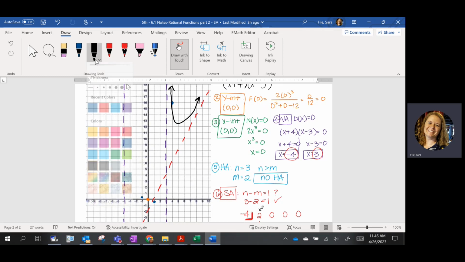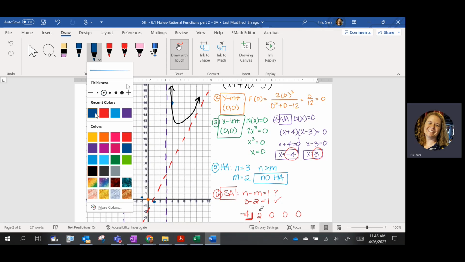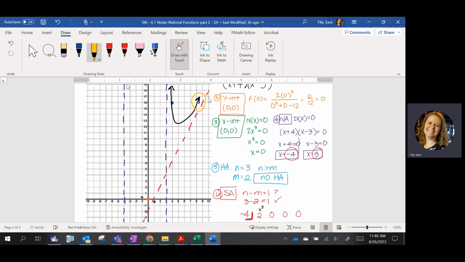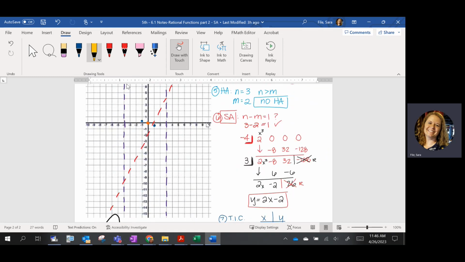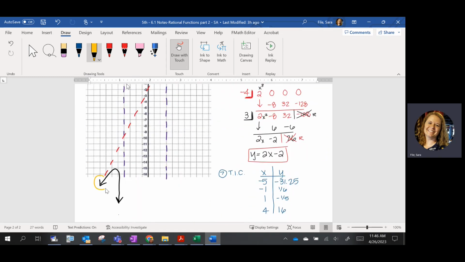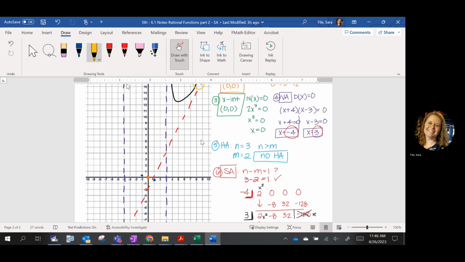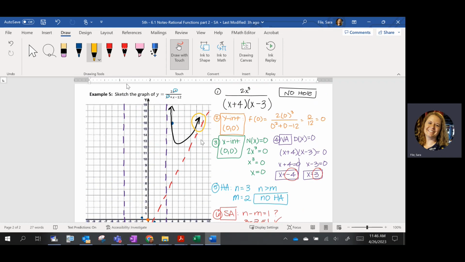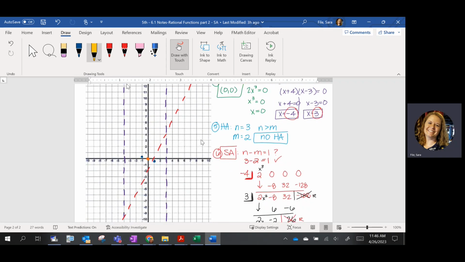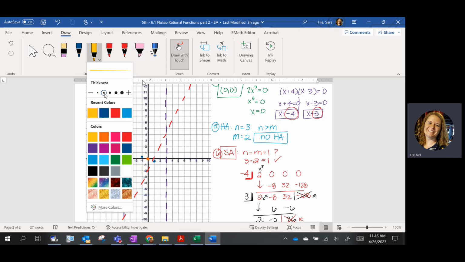The whole point, the entire point of the slant and horizontal asymptotes is to guide your end behavior on the left and the right hand ends. Okay. Now in the middle, the slant and horizontal asymptote really don't matter.